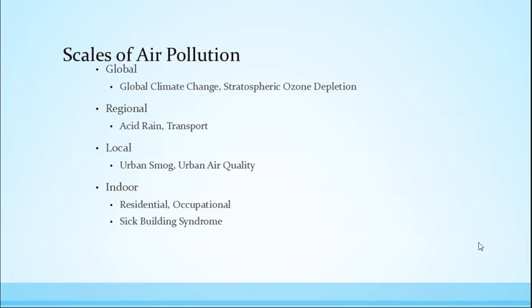Acid rain, there was a very famous case, I think it was the state of Georgia, like 1907, sued the Tennessee Valley Authority for acid rain coming out of the stacks and things. Local, right? So you're talking about city air quality, so urban smog, urban air quality. And then, of course, there's indoor air pollution, and I think this is the one that people don't really know a lot about, but we are going to spend a whole day talking just about indoor air pollution.